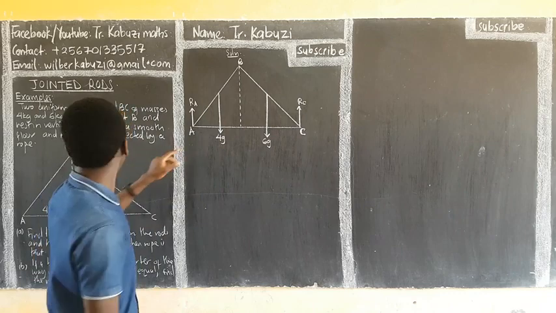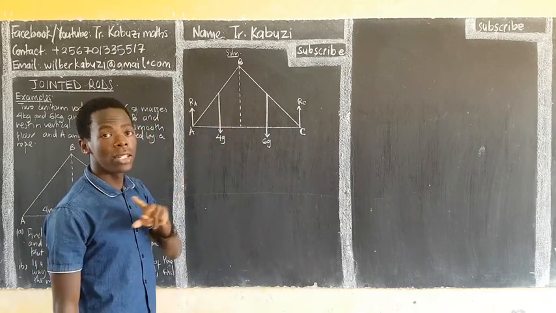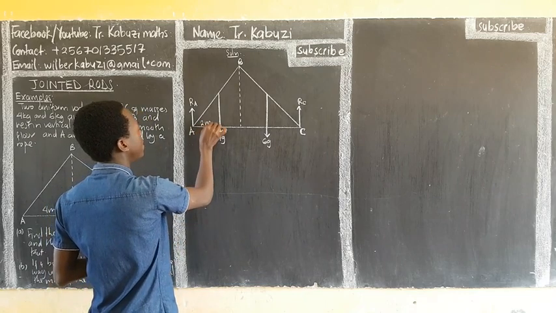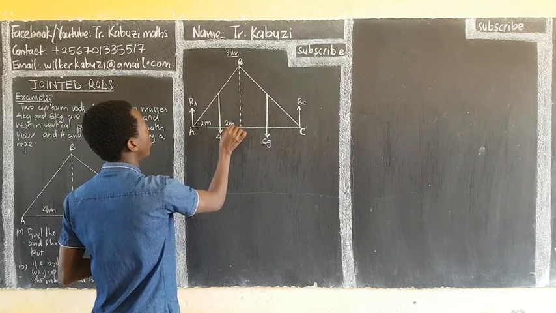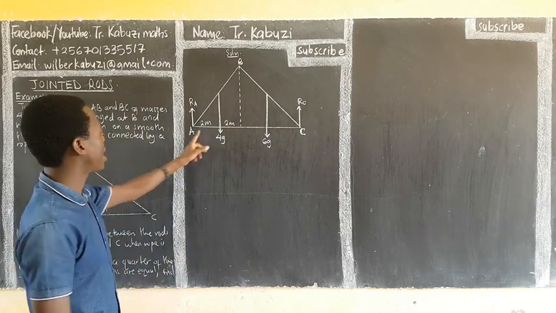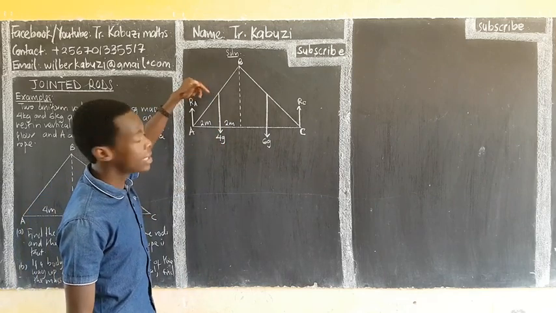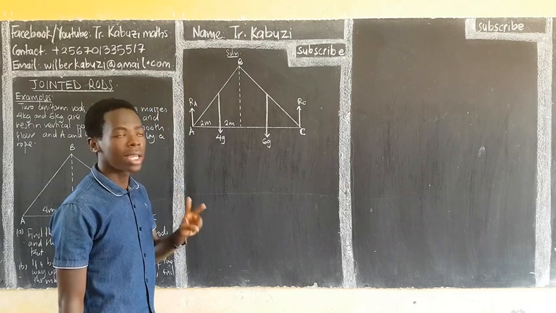Now, the length from here to here was 4. It means that this weight is going to divide this into 2, so this one is going to be 2 meters, and this one is going to be 2 meters also. So I add these to get back to our 4. Whenever this rod is uniform, this weight is going to divide it into 2 equal parts.